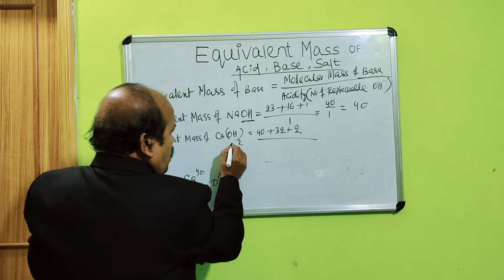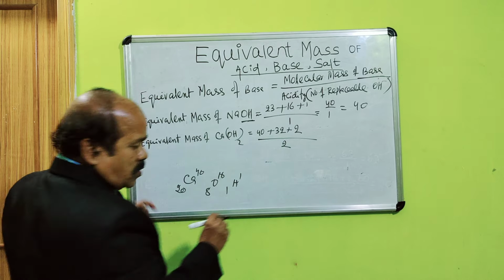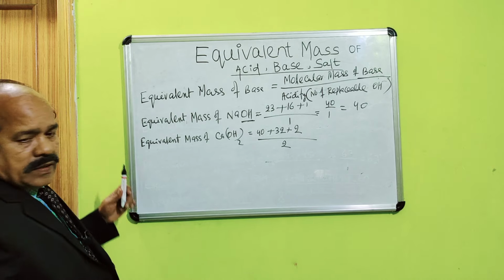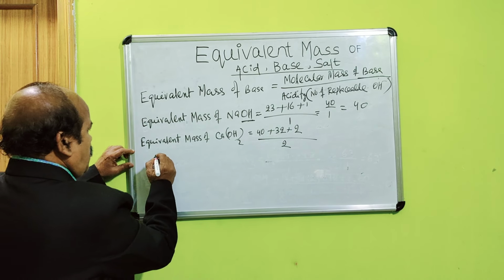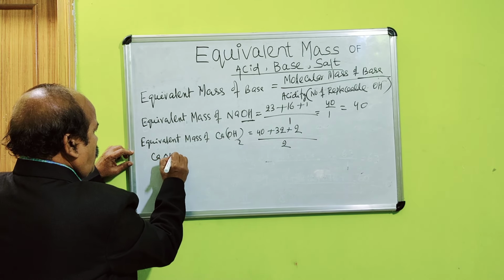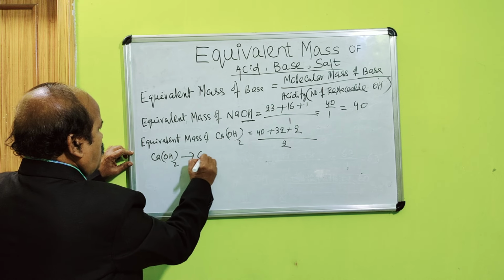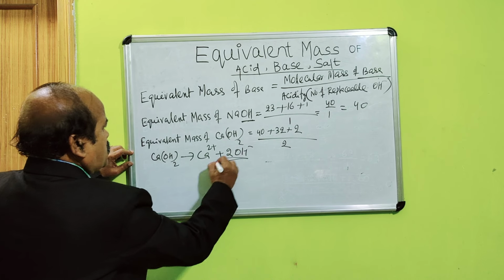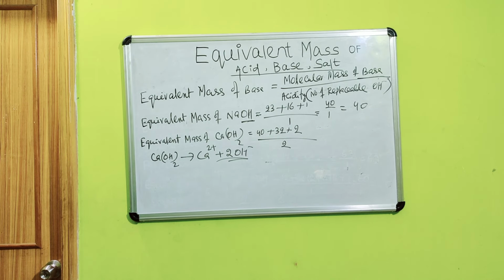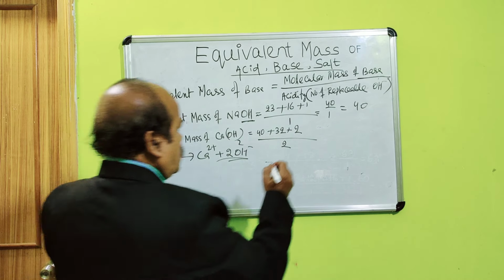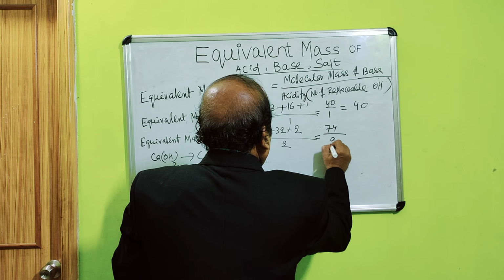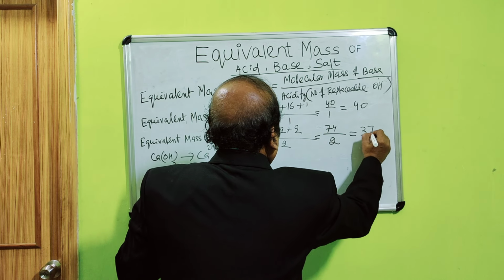Divided by how many OH are there? 2. It's the acidity. Also, the number of replaceable OH minus: Ca(OH)2 will give rise to Ca2 plus and 2OH minus. Hence, I have divided the molecular mass by 2. It is coming about 72, 74 by 2. It is coming 37.